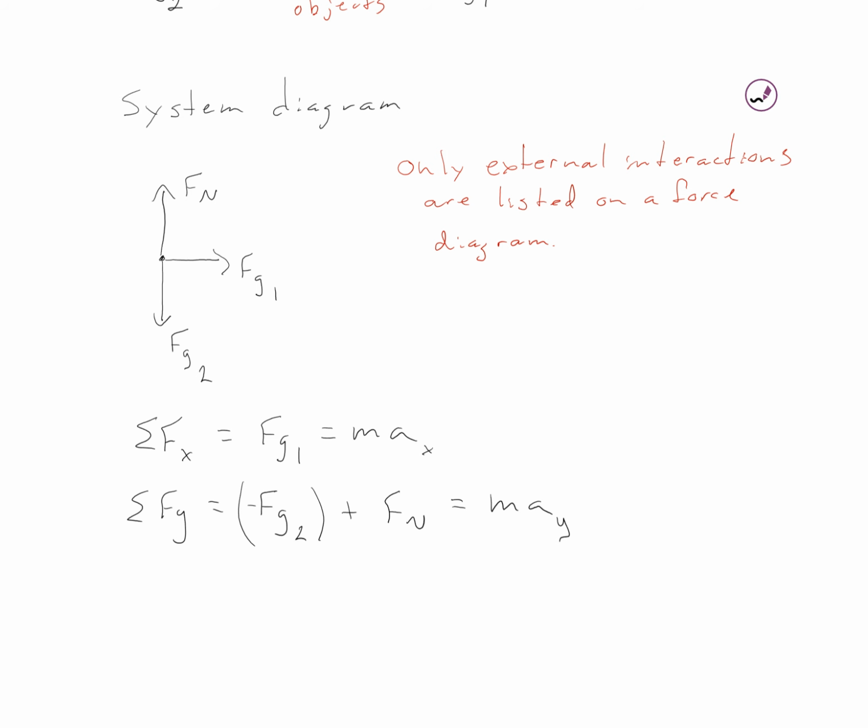Relative to this system diagram, I've taken the system to mean something kind of like this. I have the 2 kilograms, I have the 1 kilogram. This is my equivalent system. Well, this system is on the surface, it's confined to the surface.